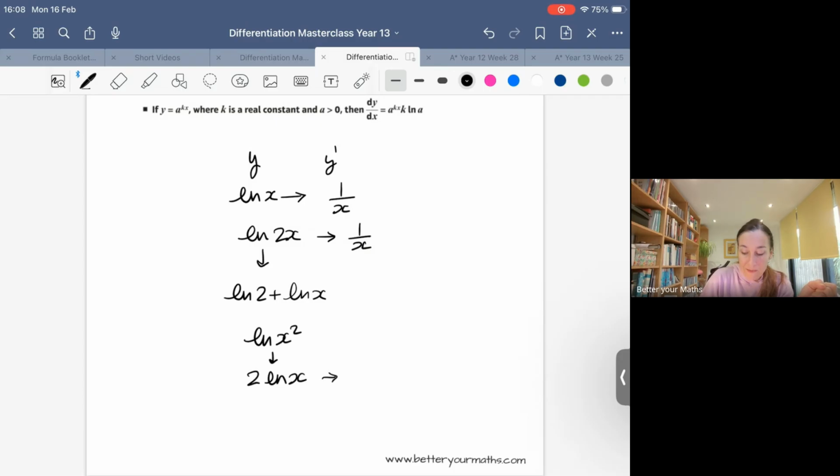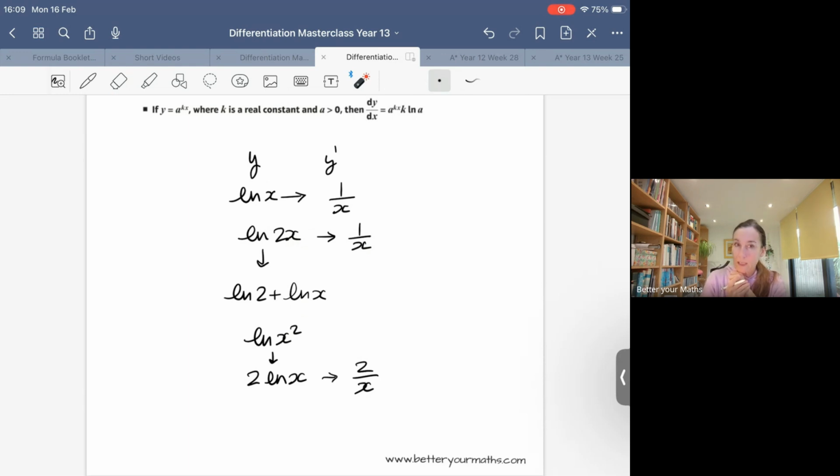And in this case, my derivative is 2 over x. So if I have x squared, the derivative is 2 over x. When I have 2x, the derivative is 1 over x. So you only know how to differentiate ln x. If you have something with ln that is different, you will have to play with the properties of the logs, the laws of the logarithms.